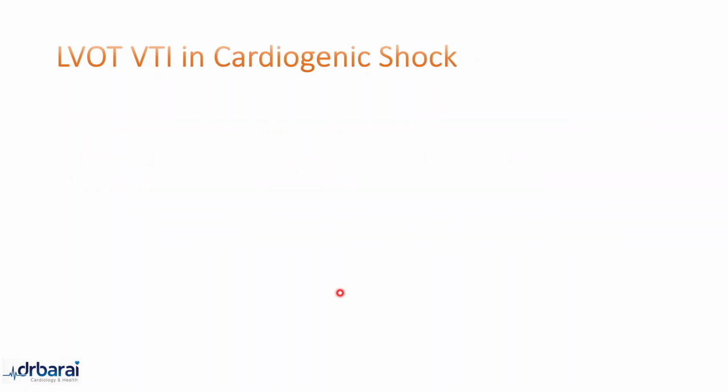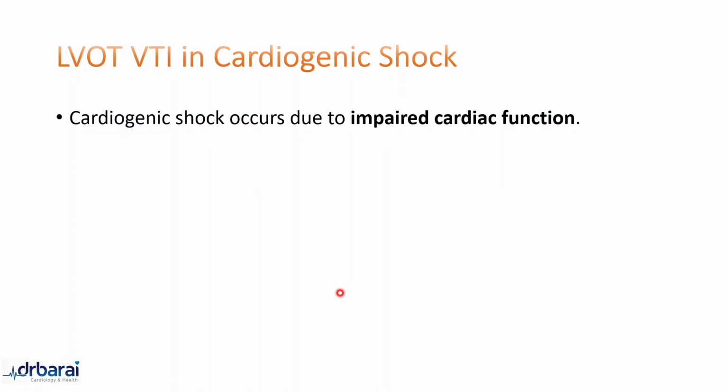Let's talk about a second important type of shock, which is cardiogenic shock. Cardiogenic shock is one of those life-threatening, time-critical emergencies when there is impaired cardiac function. A good example is a heart attack. A good example is myocarditis. A good example is heart failure.